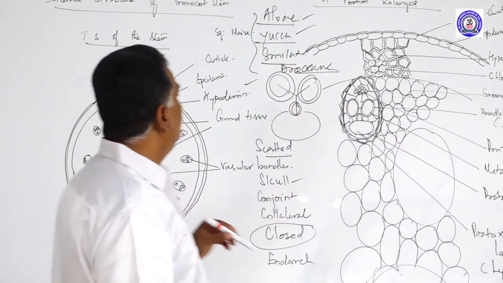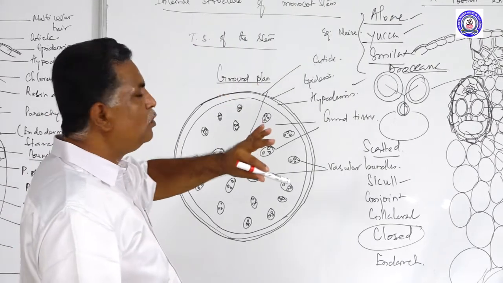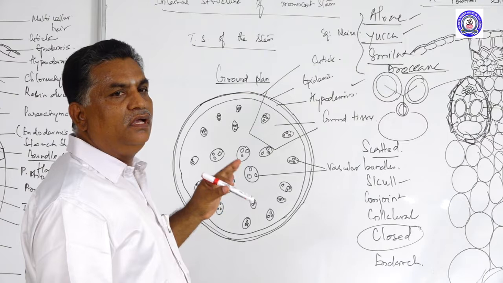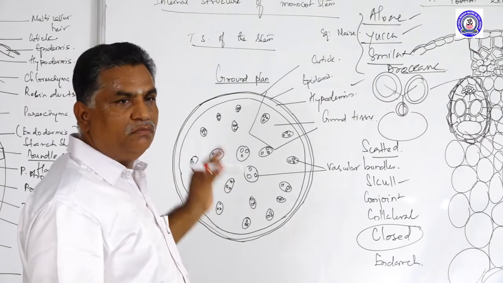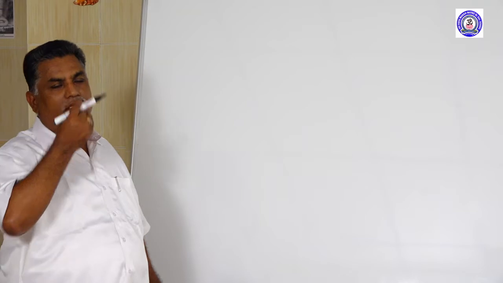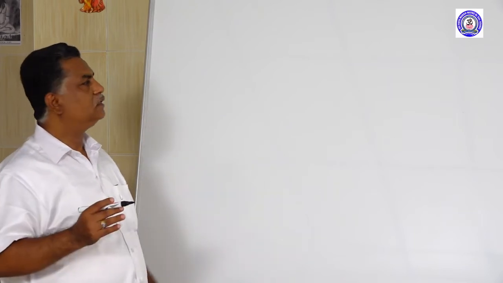These are examples for the monocot plants where secondary growth takes place, but in general no secondary growth takes place in the monocot. The reason is that there is no intrafascicular cambium. The bundles are closed. Now, the anatomical differences between dicot and monocot. If you understand the differences on the whole, the structure can be remembered well.